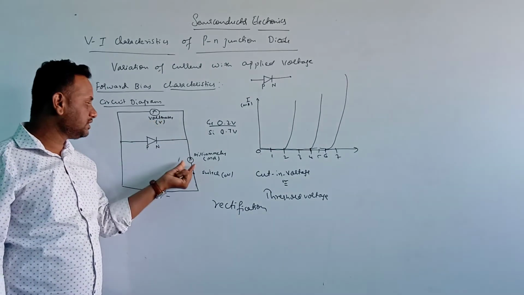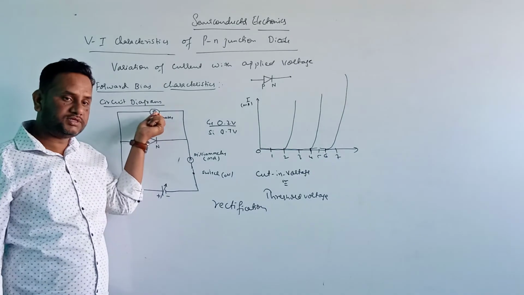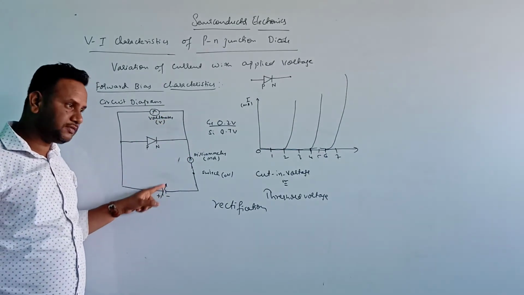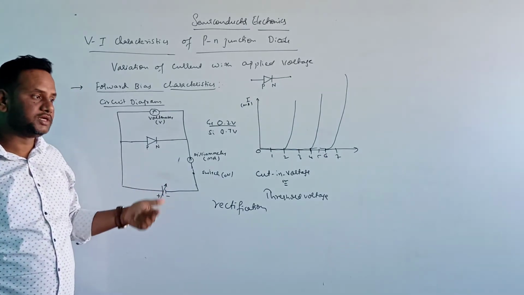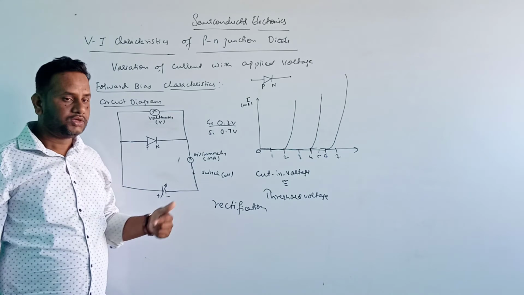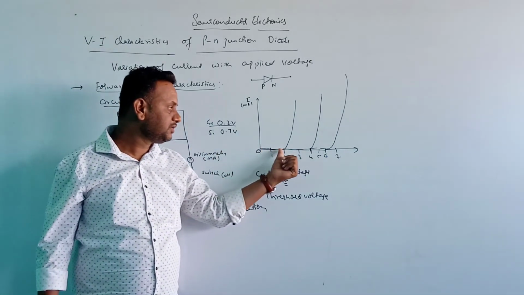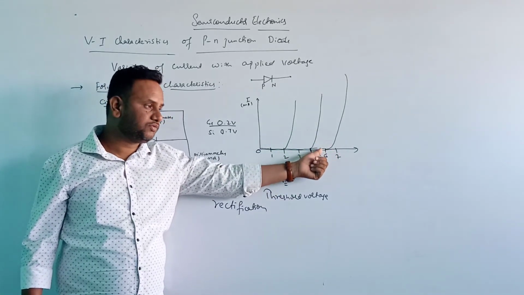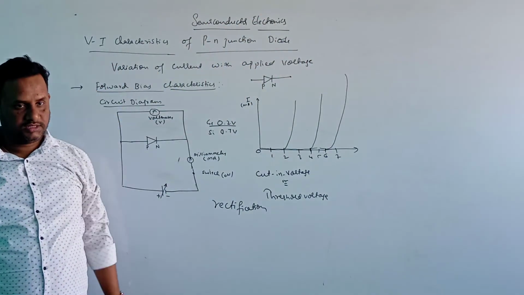Ammeter is a device which measures the current, voltmeter is a device which measures the voltage. This arrow is indicating the variable voltage. Now I am slowly increasing the voltage, so the current across the diode will be almost negligible. At one certain value of voltage, the current starts to increase exponentially.